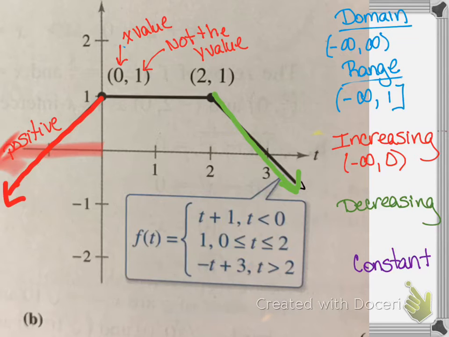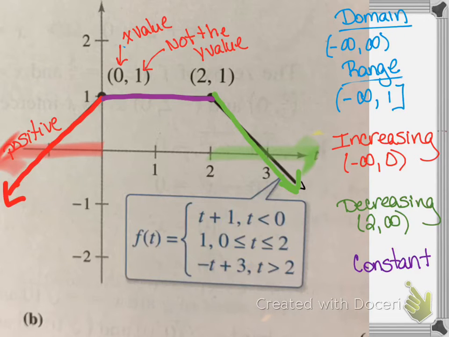So I want you to think about where is the x value that I start decreasing. I'm not looking at the y value. I'm looking at the x value. Where do I start decreasing on the x? What number is there? 2. 2. And then how far am I decreasing? 2 to what? Infinity. Good.